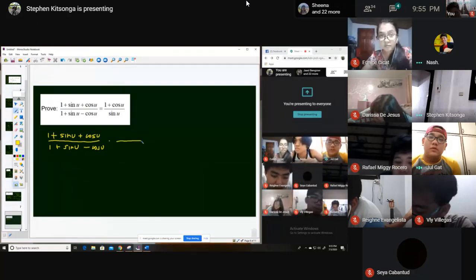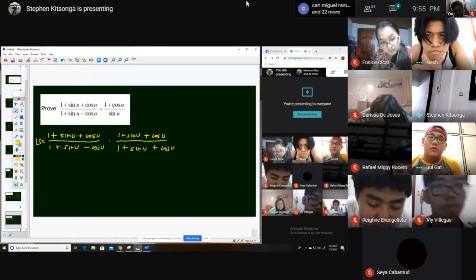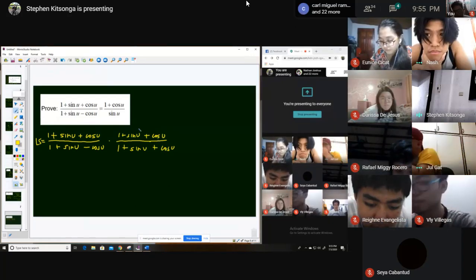Conjugate, yes. Look at the start. This is the start. The left side, obviously, is what we will manipulate. As you can see, what I'm multiplying is numerator over denominator, the same thing.